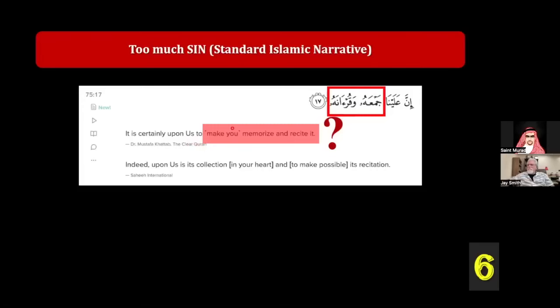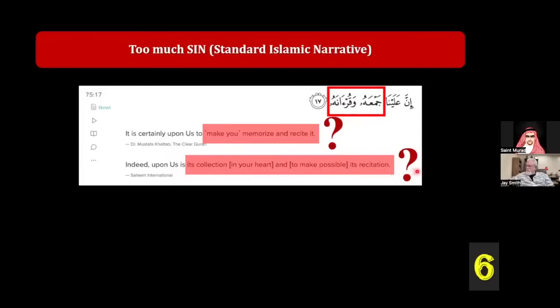So it takes the text in another direction, and people, of course, reading it only in English will assume that this is talking to Muhammad. Here in Sahih International, it says, surely upon us is its collection, and then it says in your heart, of course, it will be Muhammad, and to make possible its recitation.